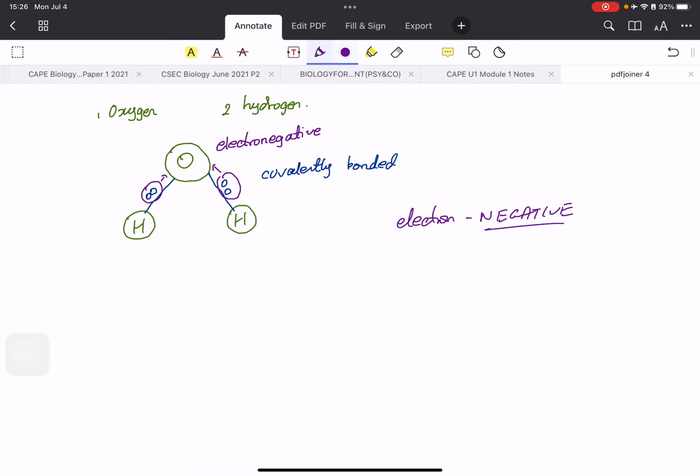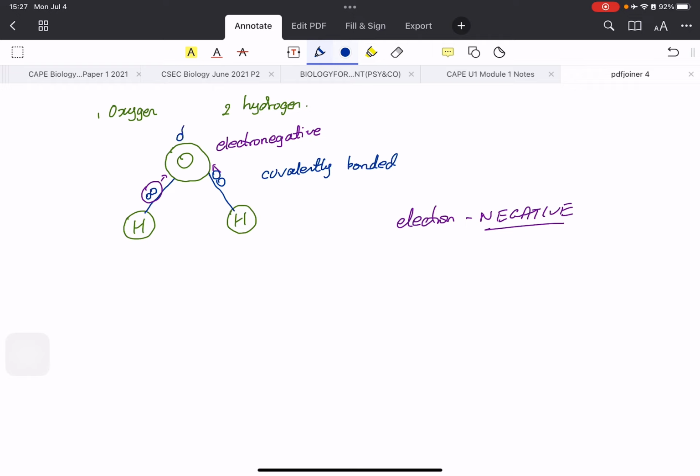So now, because the electrons are moving towards the oxygen atom, let me redraw this. The electrons are moving more that way, closer to the oxygen atom. This actually gives the oxygen atom a negative charge, but it's not a true negative charge, it's a partially negative charge.